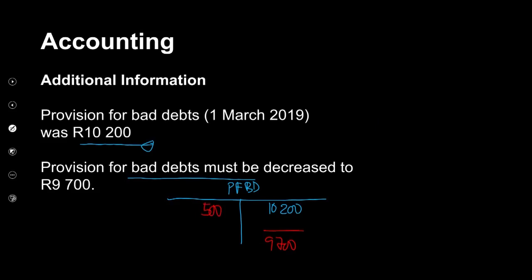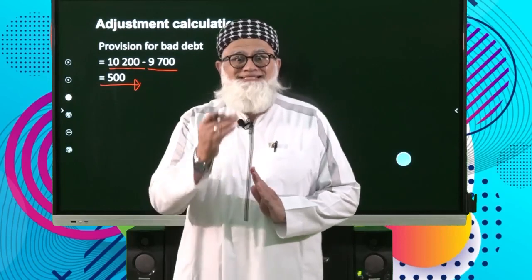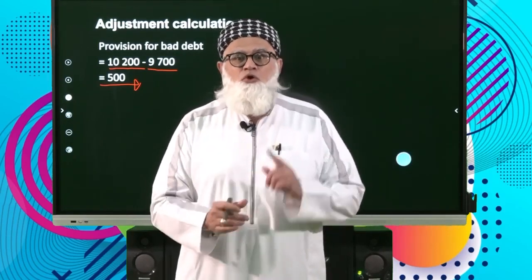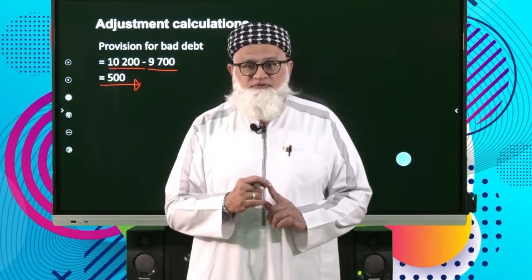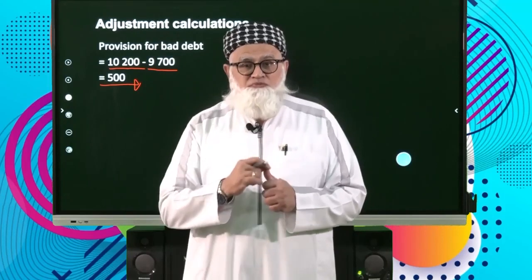So when we are decreasing the provision for bad debts, watch here. Provision for bad debts is 10,200, must now become 9,700. When you are decreasing your provision, the adjustment becomes an income. When you are increasing your provision for bad debts, it becomes an expense. Which account? The adjustment account.